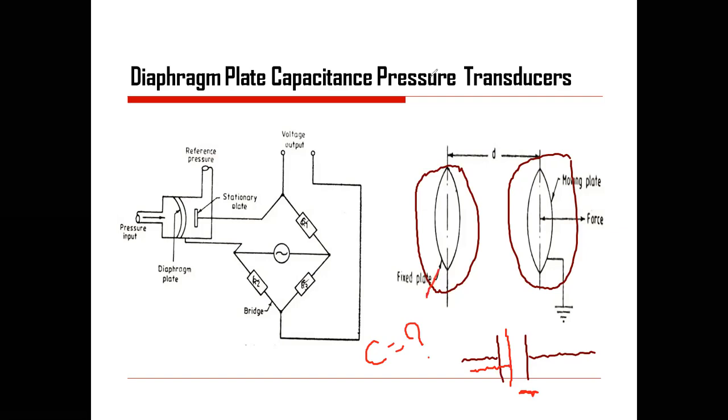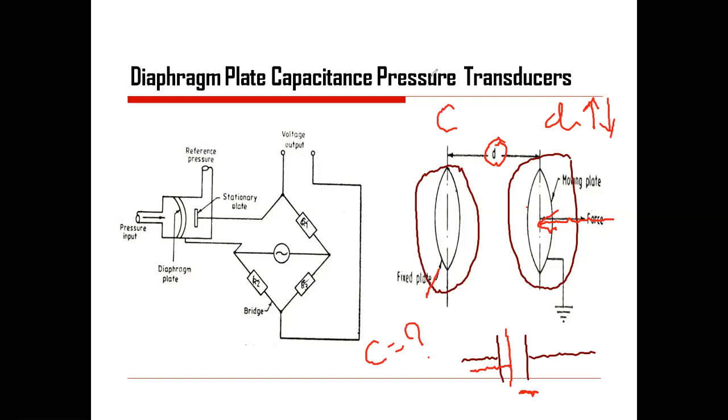However, when we apply a force or pressure across the moving plate, the distance between the two plates is going to change. The distance will either increase or decrease, and depending upon the change in the distance, the change in the capacitance will take place.